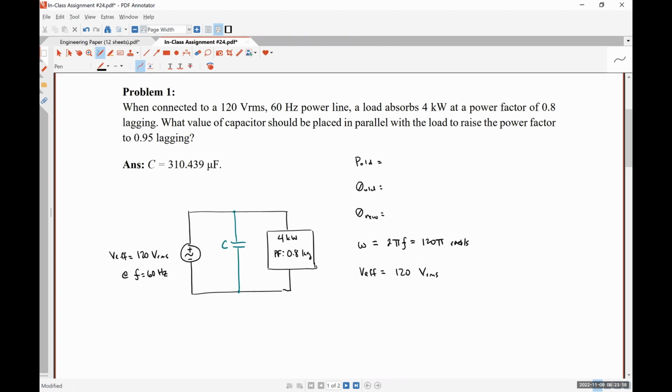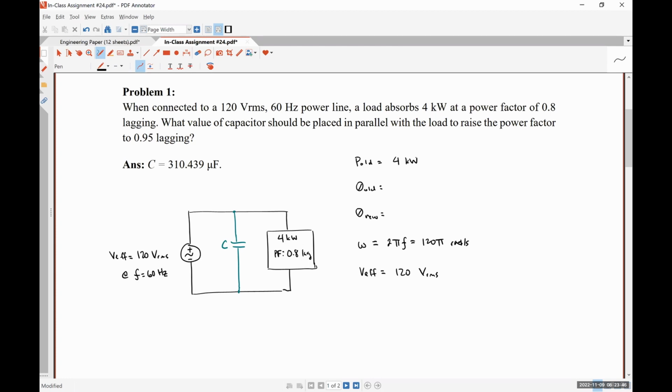What else were we given? P old is 4 kilowatts. We weren't given theta old and theta new specifically, but we were given PF old and PF new, our power factors, which are related to theta old and theta new.